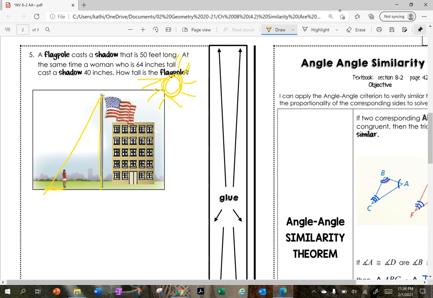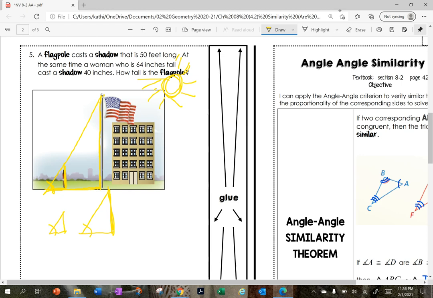And I'm corresponding. So I have two different triangles I'm drawing here: this small triangle with the person and a large triangle with the flagpole. So I'm just redrawing this with two pictures.